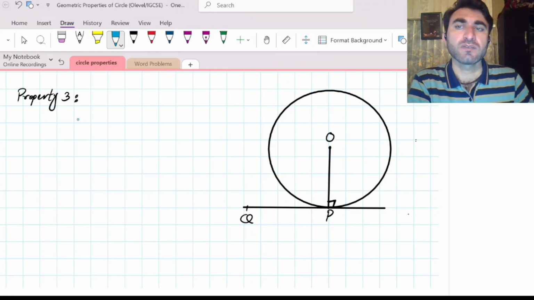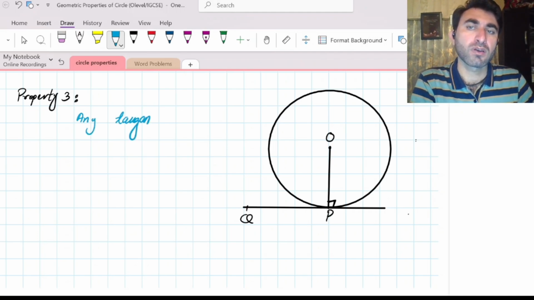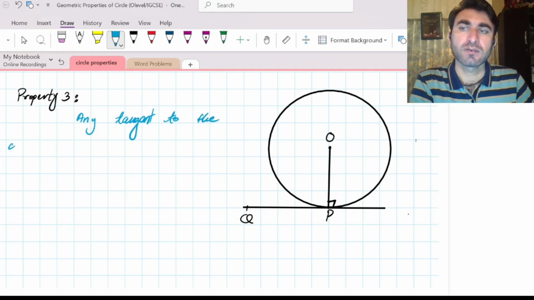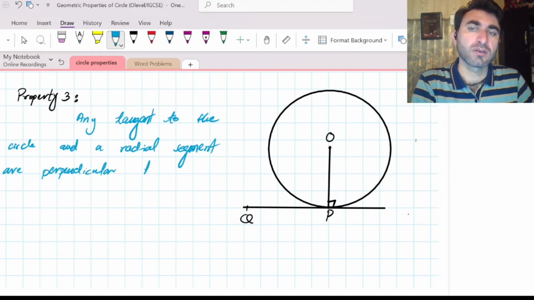So we say any tangent to the circle and a radial segment are perpendicular to each other.